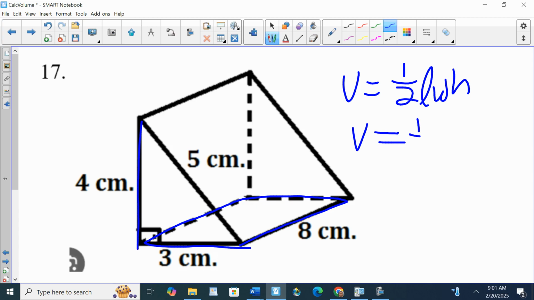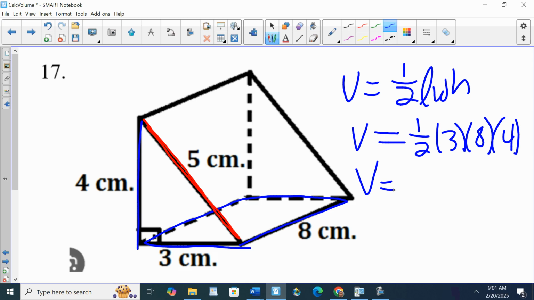So my length and width are 3 and 8. My height is 4. That 5 is the slant height. That's not the length or width or height of the prism. And now that I have that, I put it into my calculator.